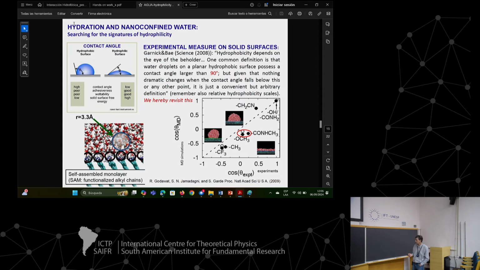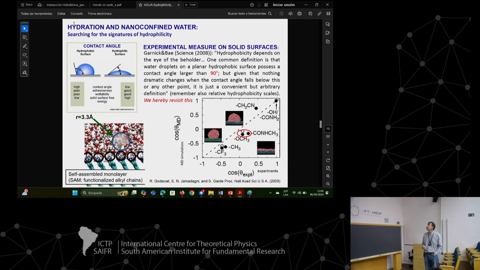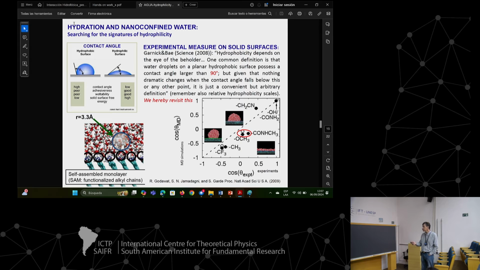So, okay, but let us go to the last part. I showed this picture before. This is the usual measure in solid surfaces, the contact angle measurements.